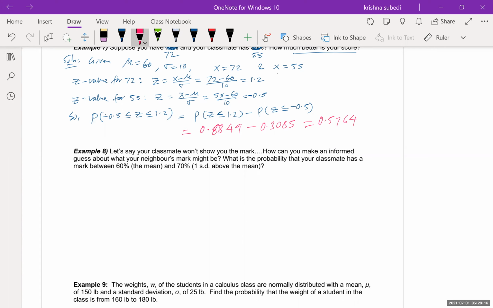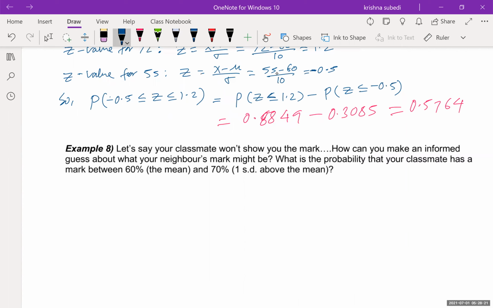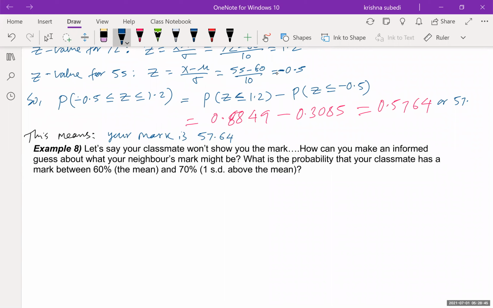Okay, what this means is your mark is 57.64, as you know, this can be expressed as 57.64%. So your mark is 57.64% better than your classmate's mark.